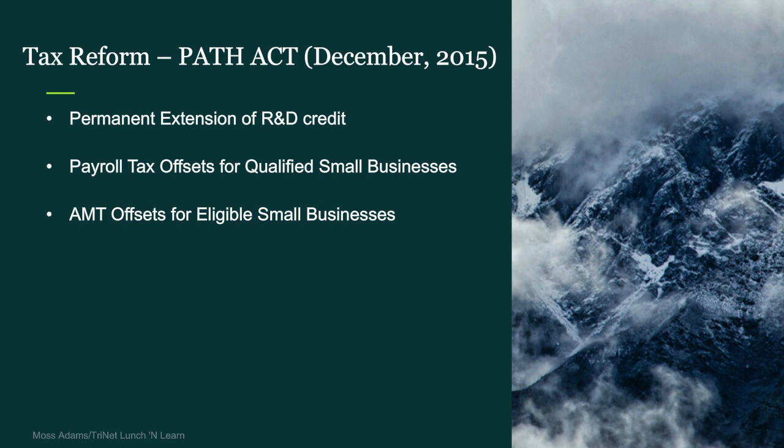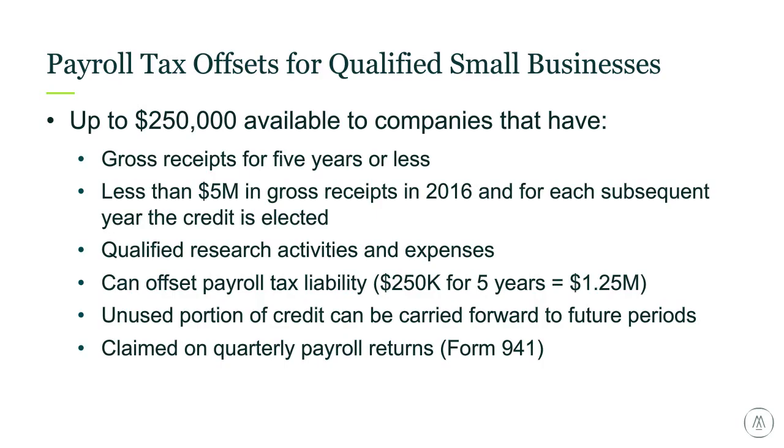So the first enhancement to the credit was that the PATH Act allows startup businesses with no federal tax liability or gross receipts of less than $5 million to take the R&D tax credit against their payroll taxes. So this would be the FICA taxes, or the employer's portion of the taxes.